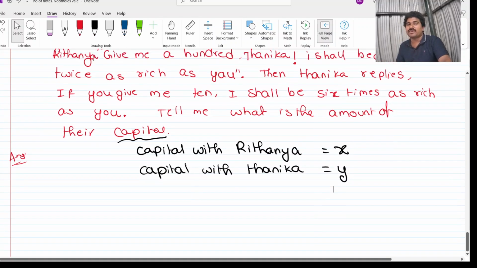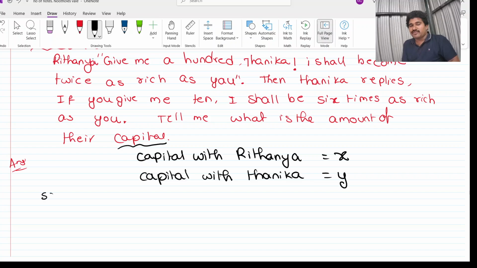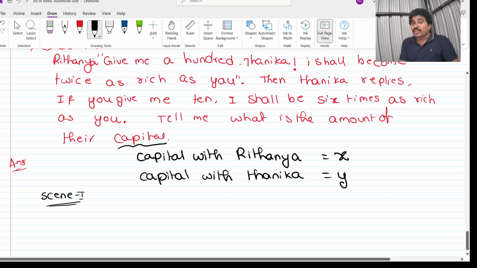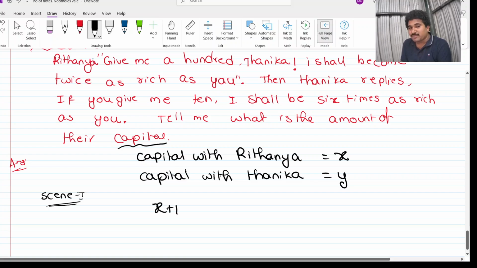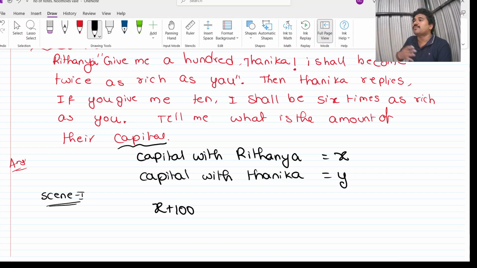Scene 1. Give me 100. Ritanya asked. If Ritanya gains 100, what will her money be? X plus 100. If I have 30 and take 100, 100 plus 30 is 130, like that.